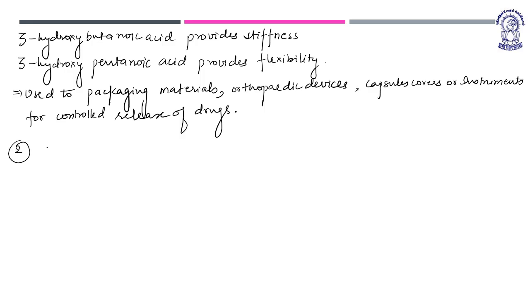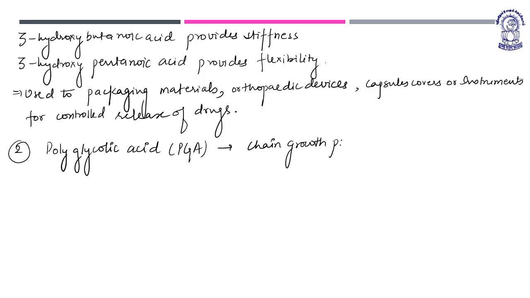Then comes polyglycolic acid, PGA. It is a chain growth polymer, which is a dimer of glycolic acid.